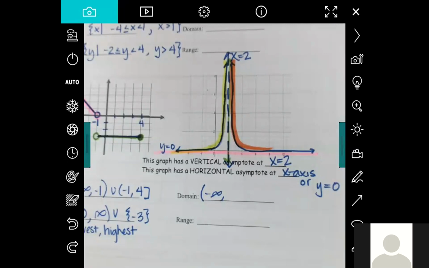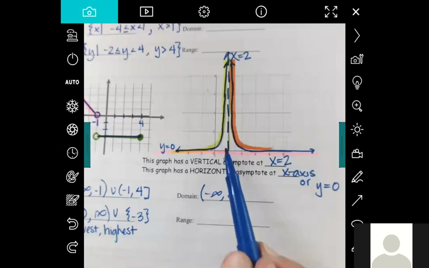Okay, now here's the question. Open or closed at 2? Remember, you only choose closed if it actually touches that dot. So if it's a closed dot, I'm choosing to use a bracket. But in this case, if this is an asymptote, I never actually can touch 2, so I would have to leave it open.